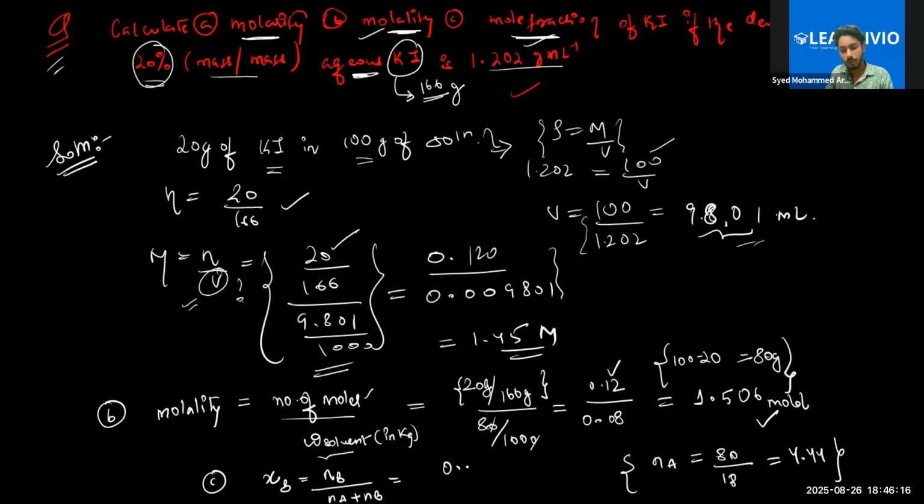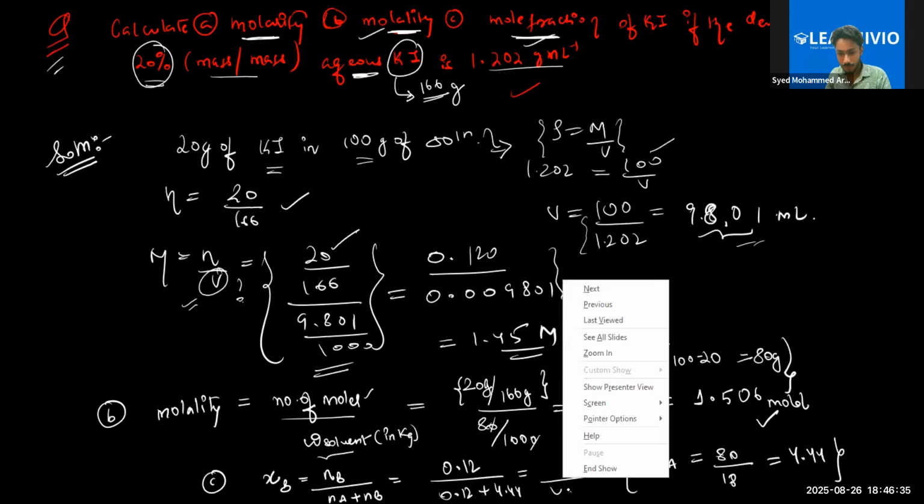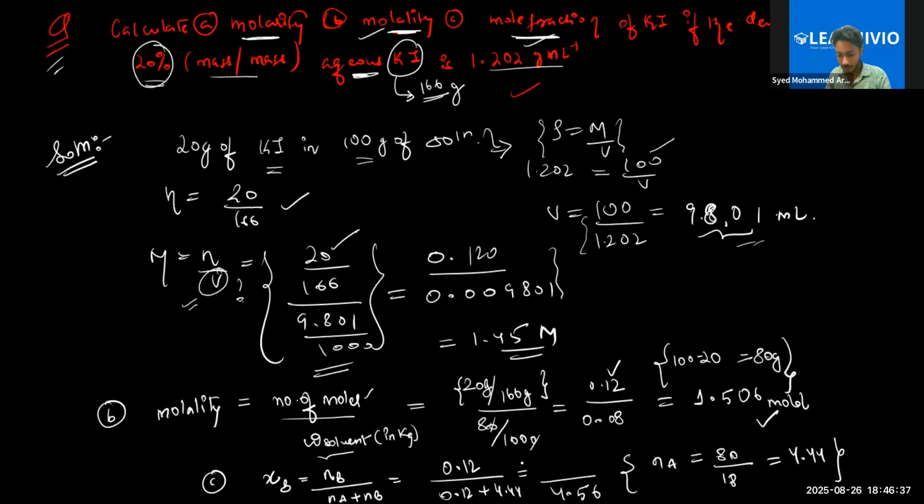So 0.12 divided by 0.12 plus 4.44. If I add 4.44 to 0.12, I'll get 4.56, correct?